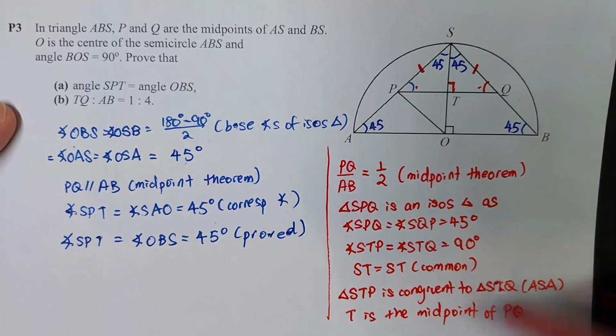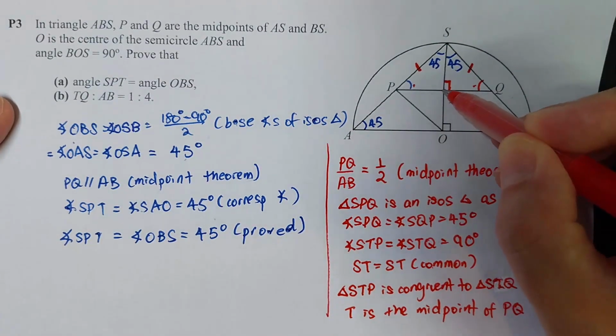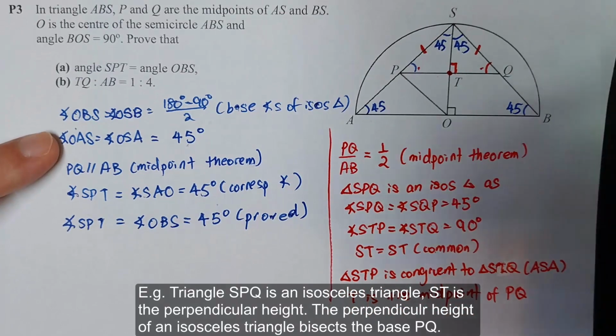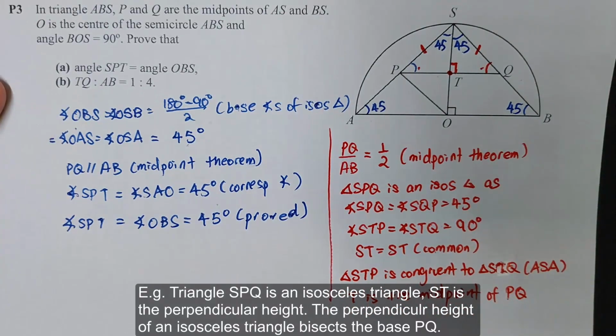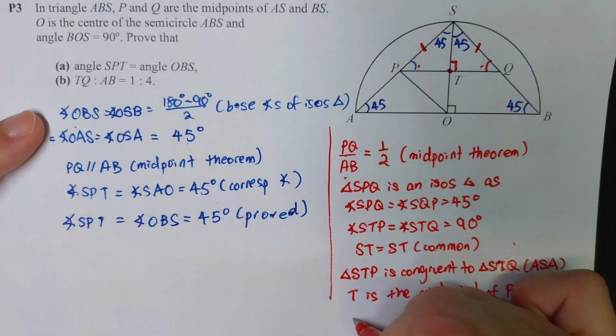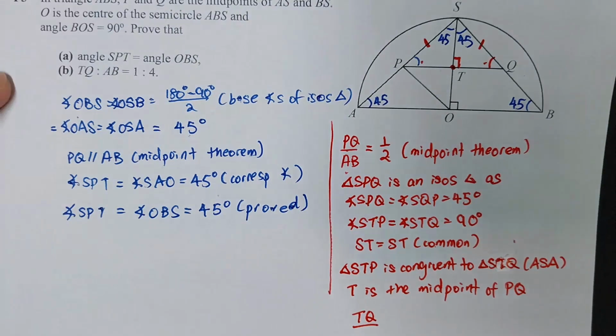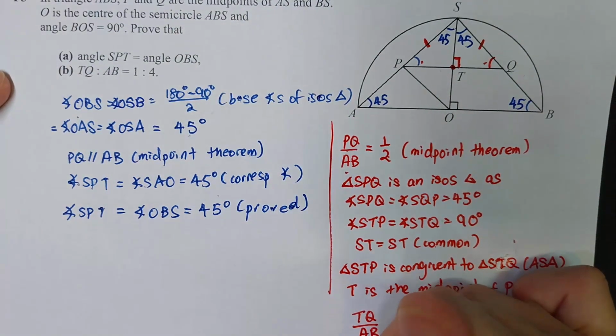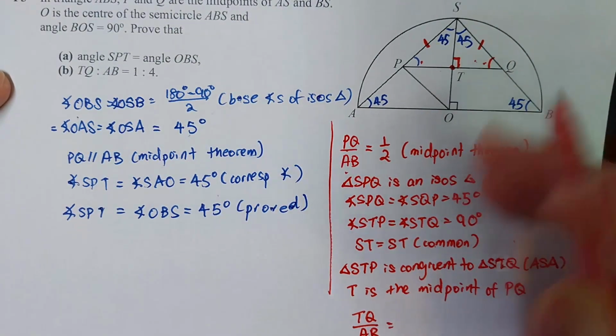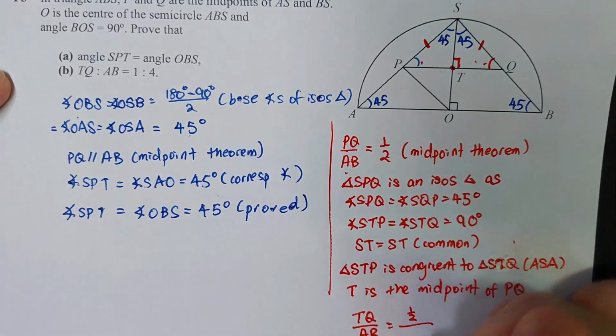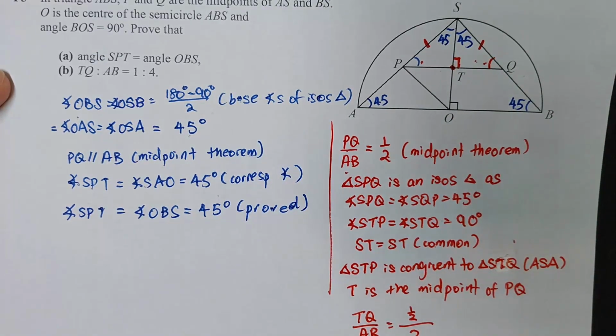Now you may use other methods to show that T is actually the center. So TQ over AB is actually half of over 2.